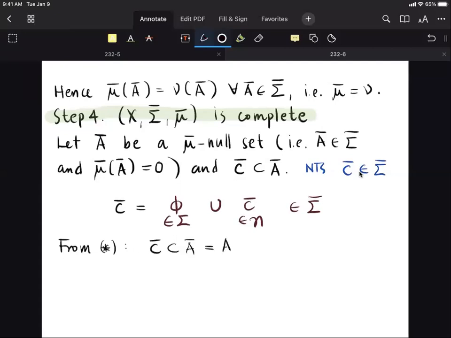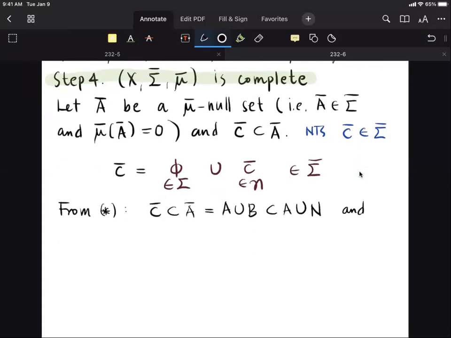A bar is equal to A union B, but B is a subset of N. Okay, and if we take, let's say, the measure of the union, of course, this is non-negative.